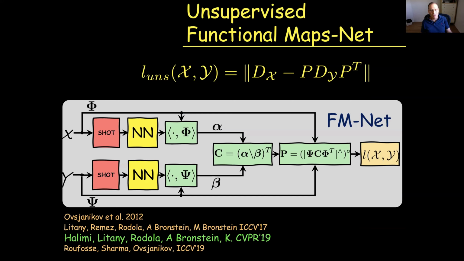Just to remind you where we stopped before. We had this Halimi trick of taking the final measure of comparing between the distances in X and Y and replacing it with the permutation of the intergeodesics of Y into those of X. So you optimize for P and you backpropagate and you optimize for the coefficients for the blending of the SHOT here.